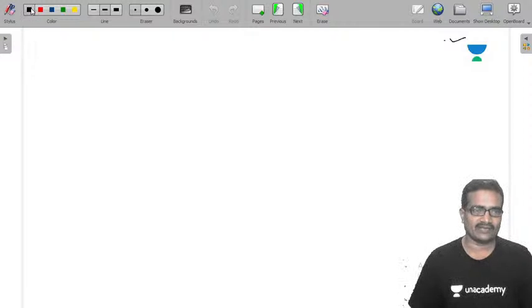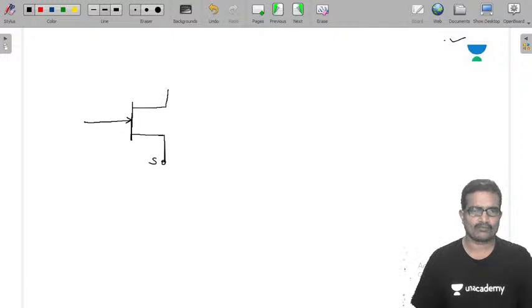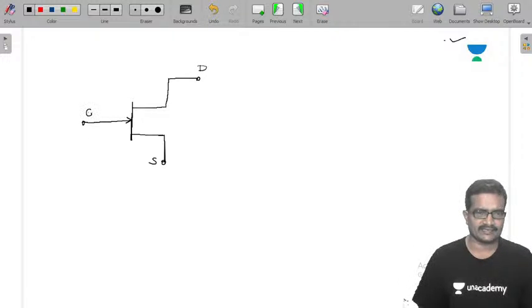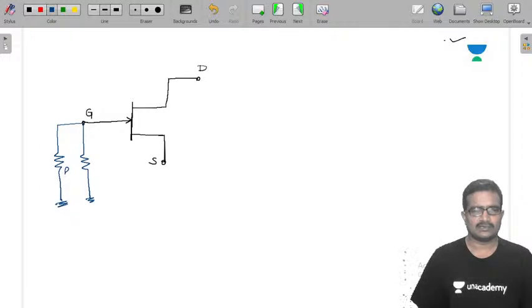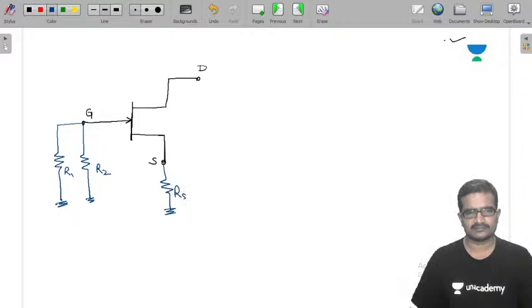The next-level equivalent circuit has the source, drain, and on the input side the gate. The gate is connected to ground through R1 and R2, the source is connected to ground through RS, and the drain is connected to ground through RD.